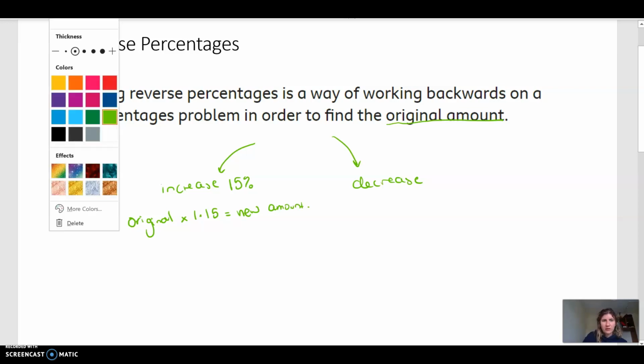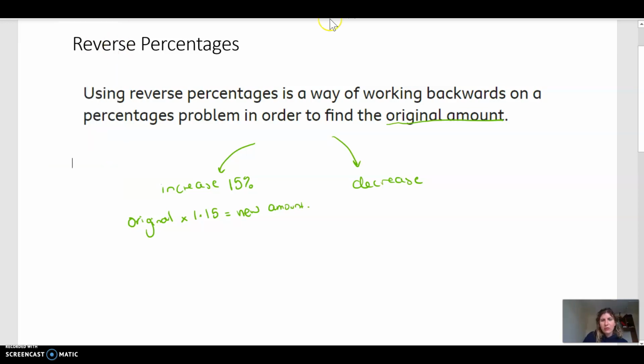I'm just going to use a different color for the decrease. So for a decrease, if we're decreasing something also by 15%, we've got our original. Now to decrease, remember, to decrease something by 15%, you're taking 15% off 100%. So your total that you have, your original, you've got 100% of that thing.